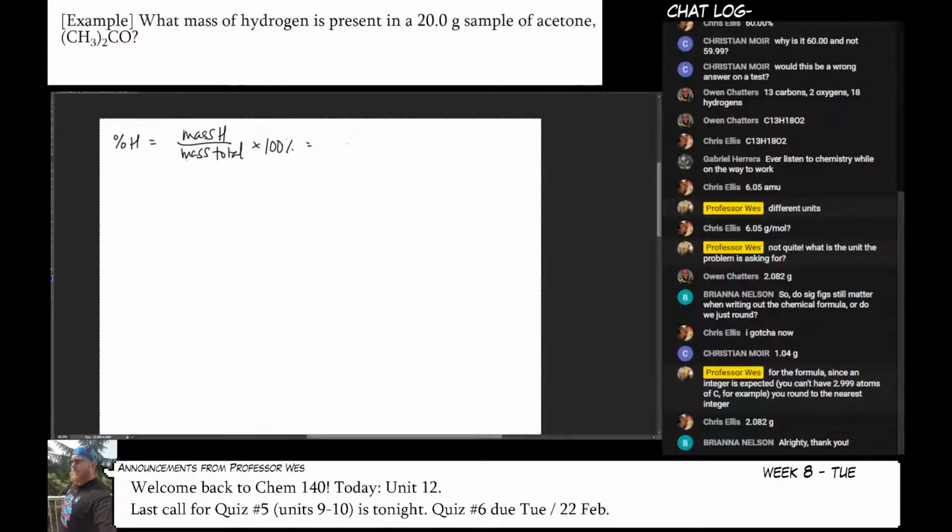So we could say how many hydrogens are in acetone. It looks like there are 3 per CH3, and there are 2 of those groups. So 6 times hydrogen. And then the total mass, we'll just look that up on Lenntech, because it's probably like 60 or something. CH3 parentheses 2 CO. 58.08 is what I got.